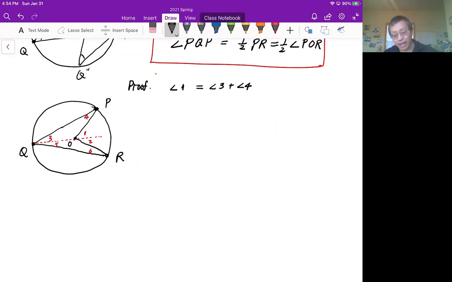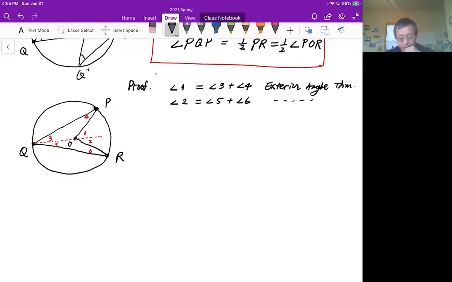The exterior angle of a triangle equals the sum of the other two remote interior angles. That's called the exterior angle theorem. And similarly, I can have angle 2 equals angle 5 plus angle 6, same reason.